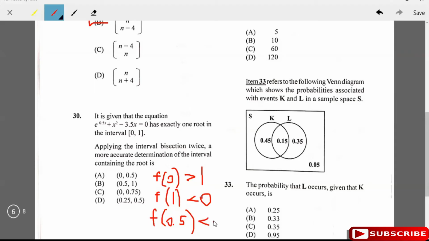And so the root alpha lies between 0 and 0.5. That's when you apply one bisection method.